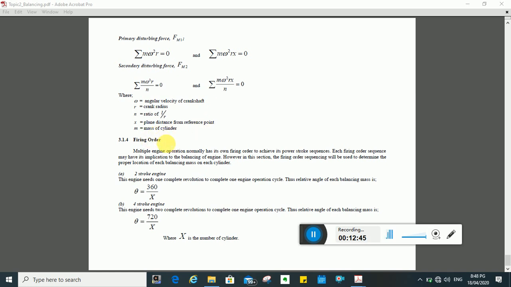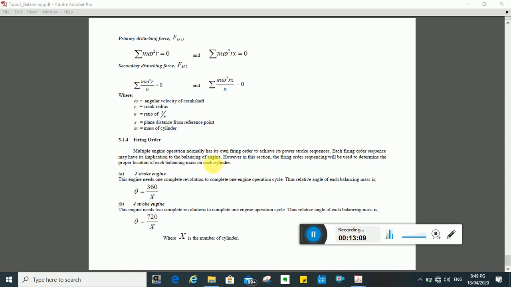Okay, next we go to the firing order. What is the firing order? Firing order is the power stroke sequence that normally operates in the multiple cylinder engine. Each firing order sequence may have its implication to the balancing of the engine. However, in this section, the firing order sequencing will be used to determine the proper location of each balancing mass on each cylinder.